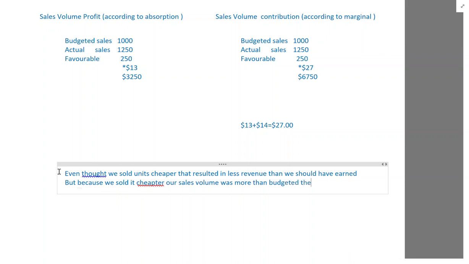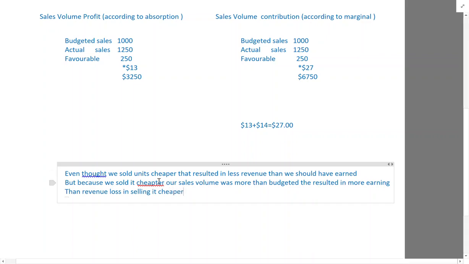Okay, that resulted in more earning than revenue lost in selling it cheaper.